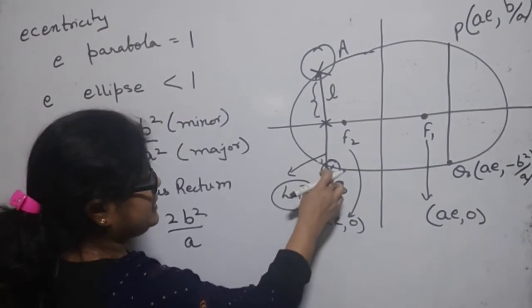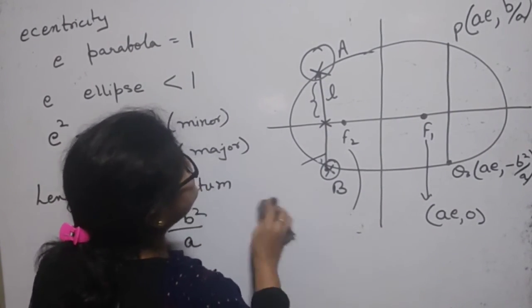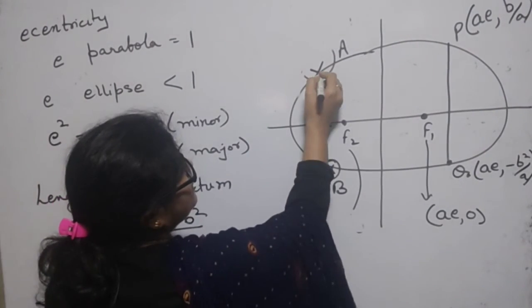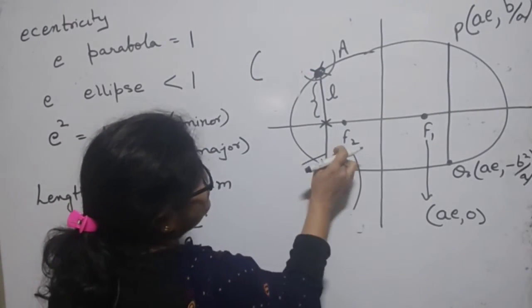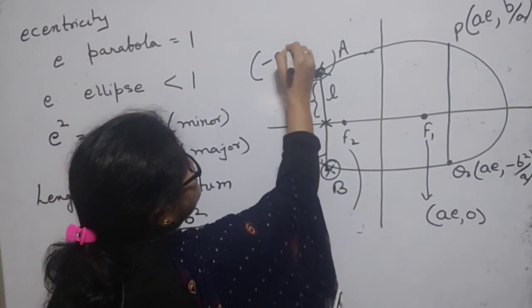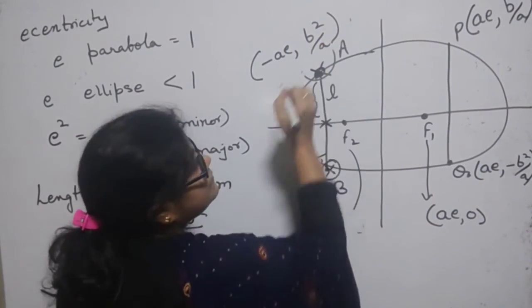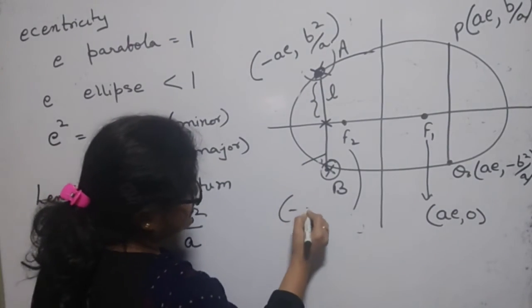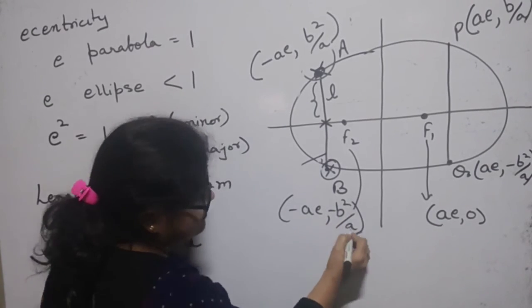Now for these two, A and B, the coordinates are on the left side, with x equal to -ae and semi-latus rectum b squared by a. Similarly, the other coordinate is (-ae, -b squared by a).